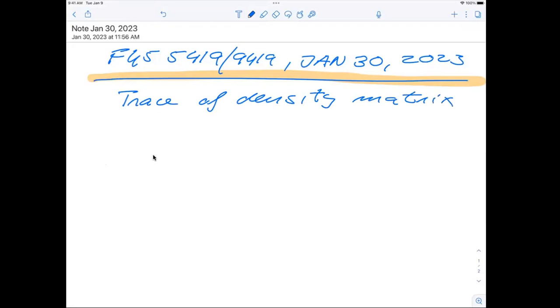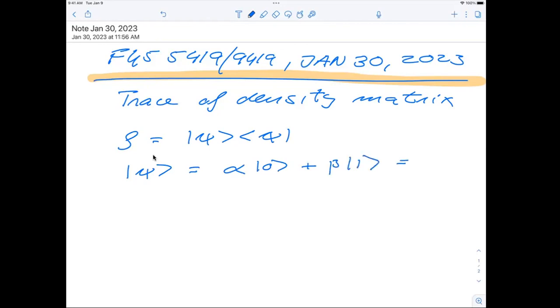So we have defined the density matrix rho, and then we have a specific state here, which is a linear combination of the two computational basis states. So this state here is now a linear combination of alpha times 0 plus beta times 1, which when we write it out as a vector is nothing but alpha, beta.